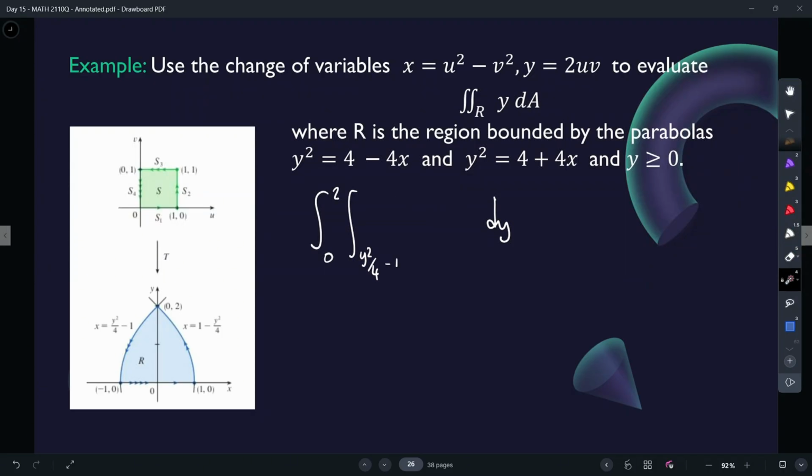It's here. It's going from this one to this one. So it's going to 1 minus y squared over 4 dx, and the function that we're integrating is the function y.